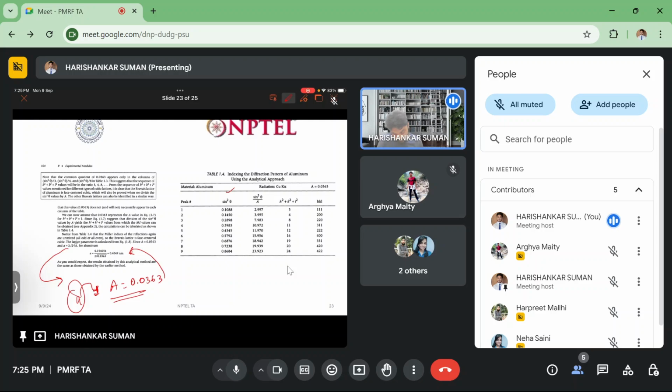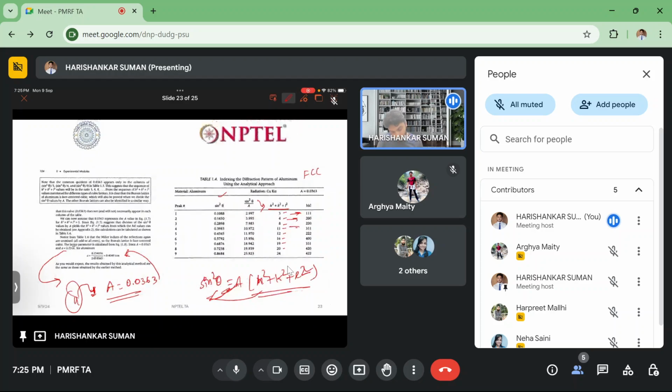Also, if we divide by a, then since sin square equals a times h square plus k square plus l square, we get h square plus k square plus l square as 3, 4, 8, 11, 12, 16, 19, 20, corresponding to the hkl. So these are the two methods.